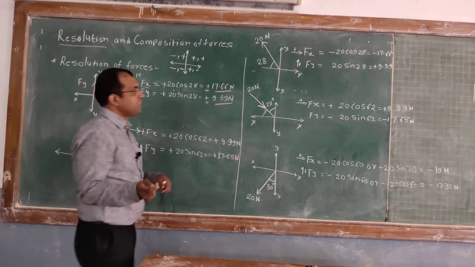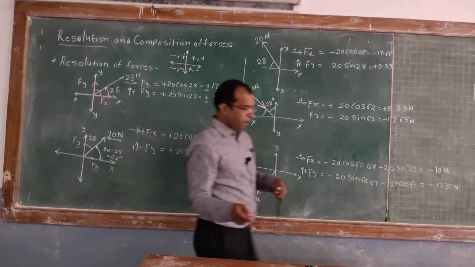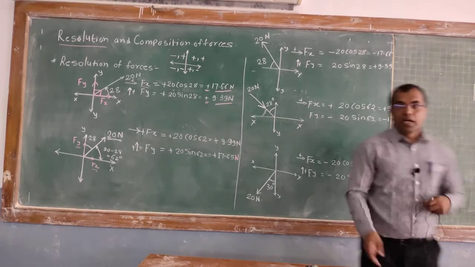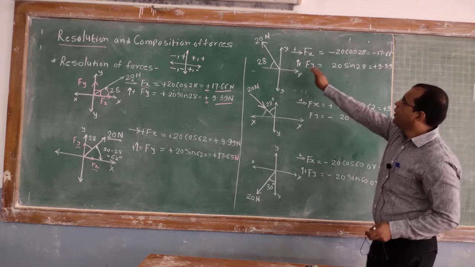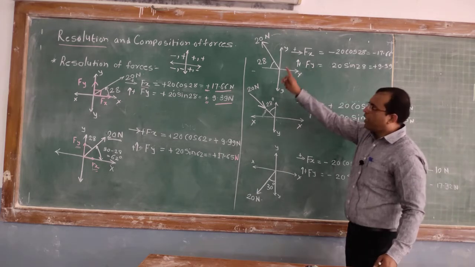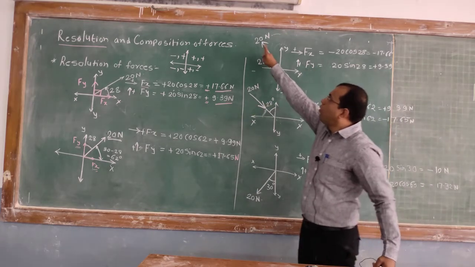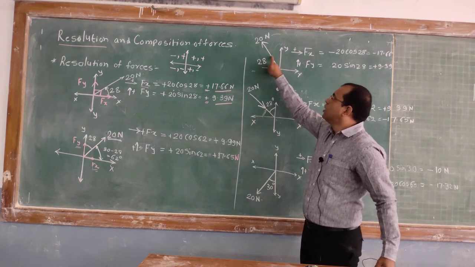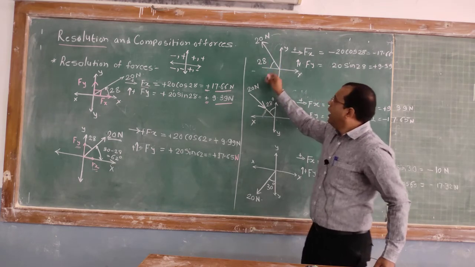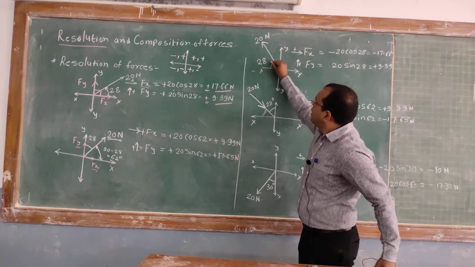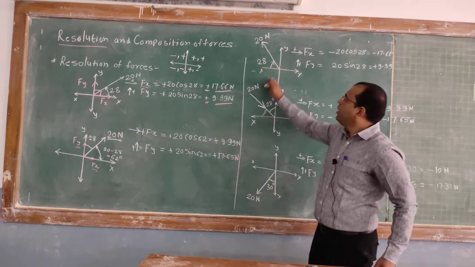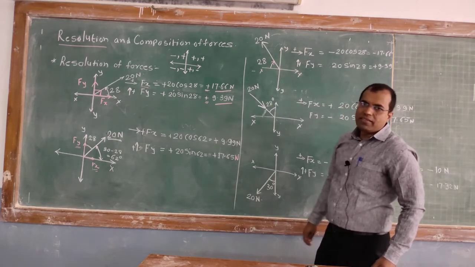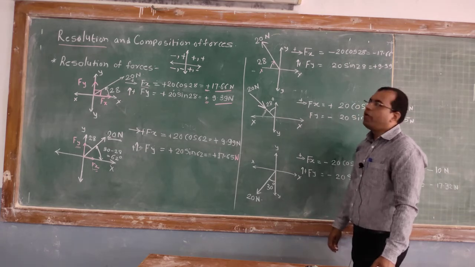Let's come to the third problem. In the third problem, again I have considered the same magnitude of force, 20 Newton, and the angle made by this force with respect to the x-axis is given. That angle is 28 degrees in a clockwise sense with respect to the negative x-axis.